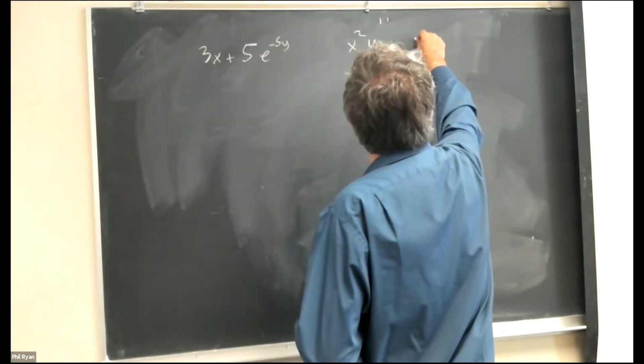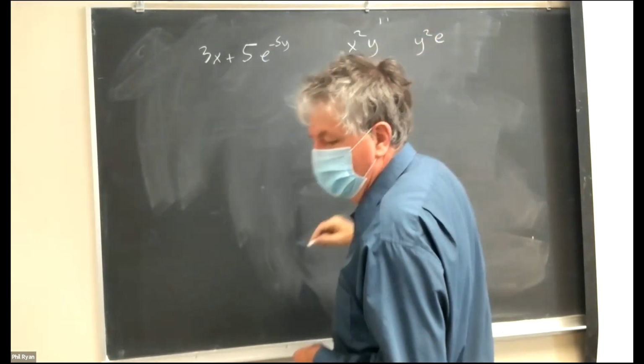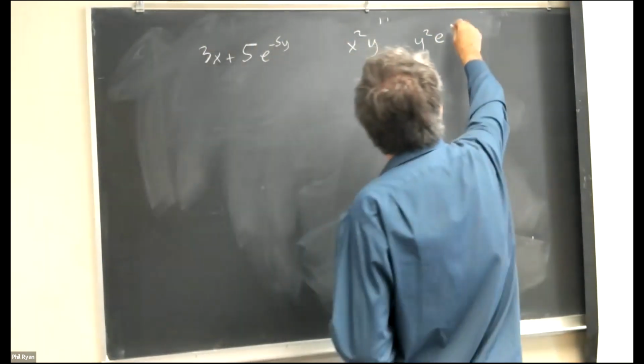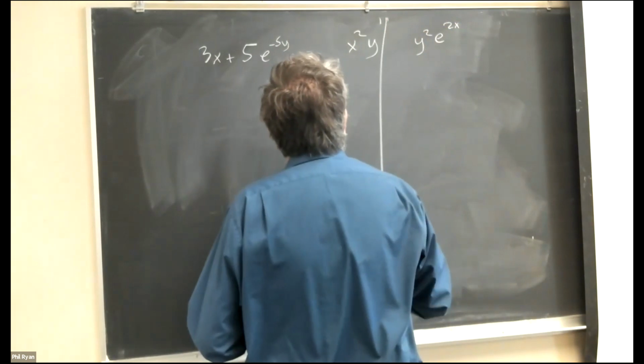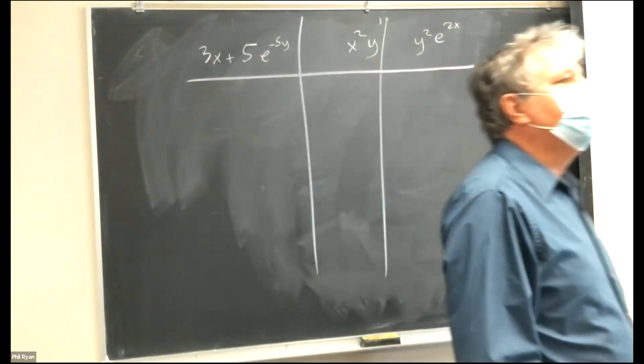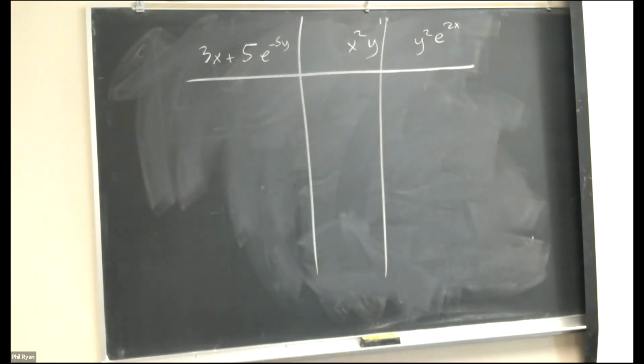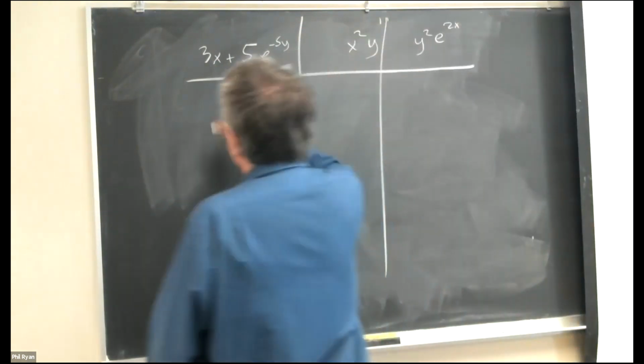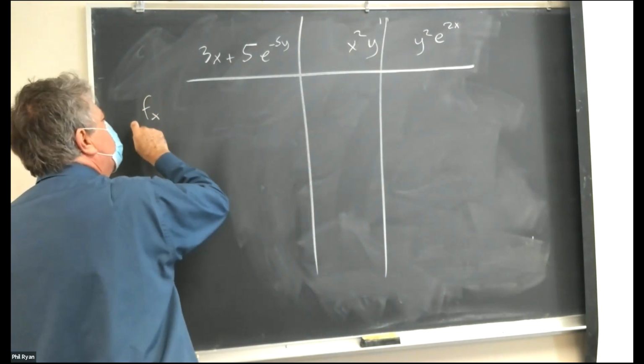And y squared times e to the 2x. So they're all examples of functions. And so we can take the derivatives with respect to x.